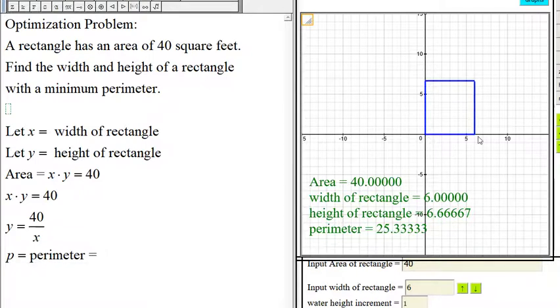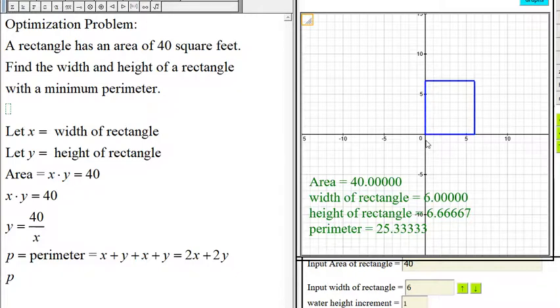We call this side x, so this will be x, this will be y, this will be x, this will be y. And so it's going to be x plus y plus x, and then plus y. So perimeter is just adding the 4 sides together. So this becomes 2x plus 2y.